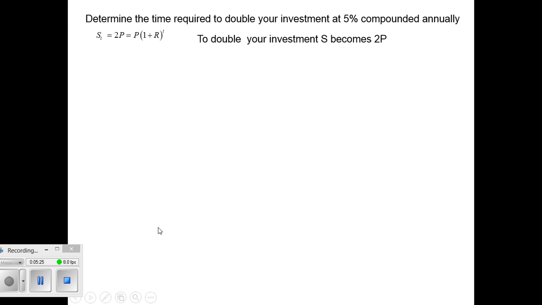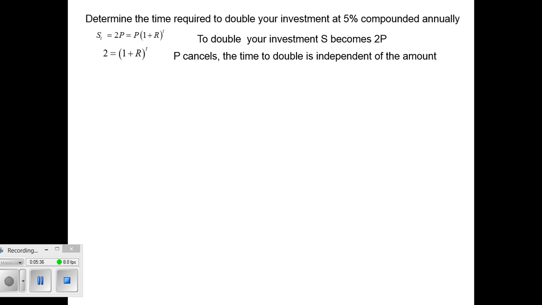So we come up to the equation 2P equals P times 1 plus R to the power T. As you can see, we can cancel out P on both sides, and so the time required to double is independent of the amount that you invest, of the principal. So there you have it.